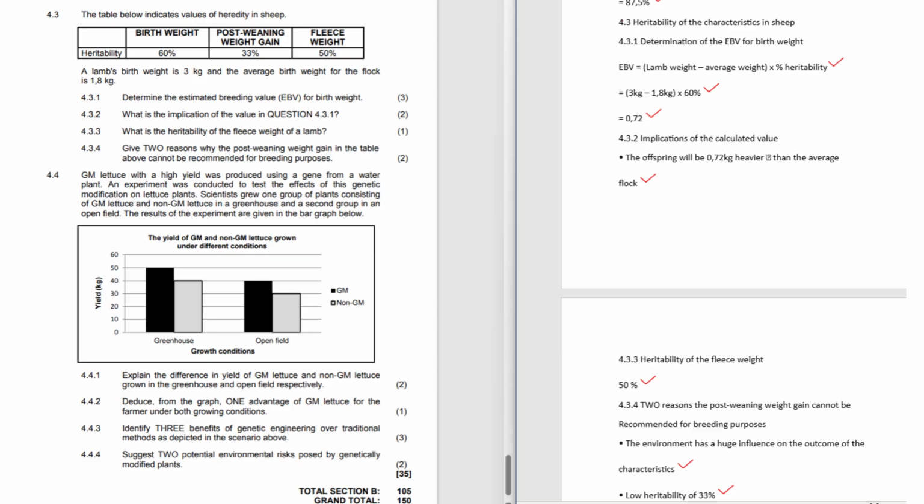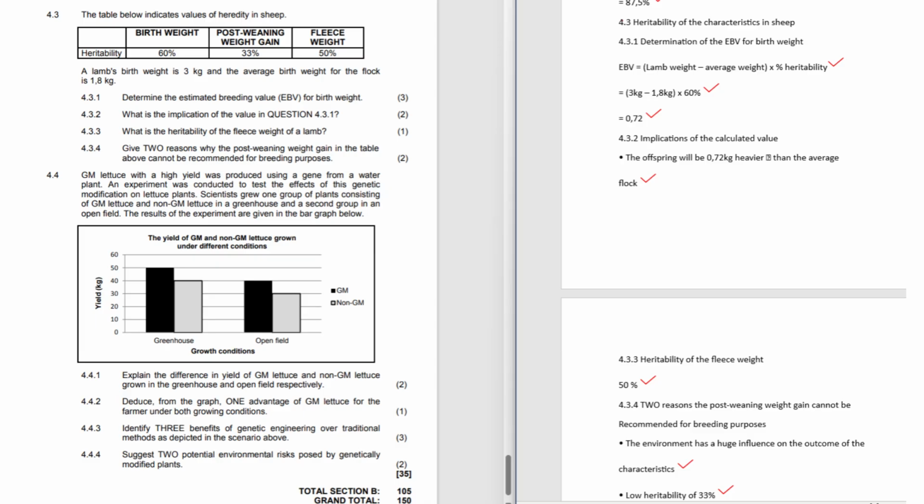So we take the lamb weight minus the average flock weight, which will be 3 minus 1.8, then it's going to be 1.2 kg. 1.2 kg is what we got from subtracting the average flock weight from the lamb weight.